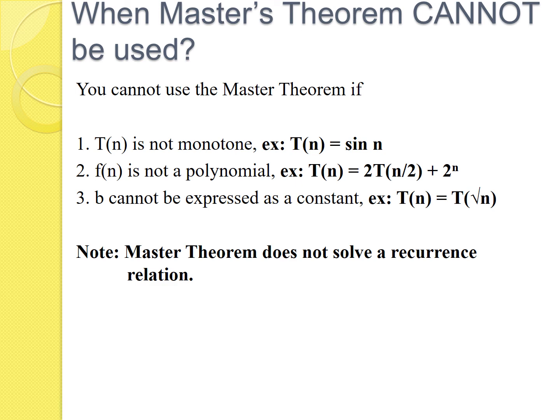An example for each of the cases is as given here. Also note that Master's theorem does not solve a recurrence relation. Master's theorem finds the time complexity of the algorithm that is represented by the recurrence relation T of n.